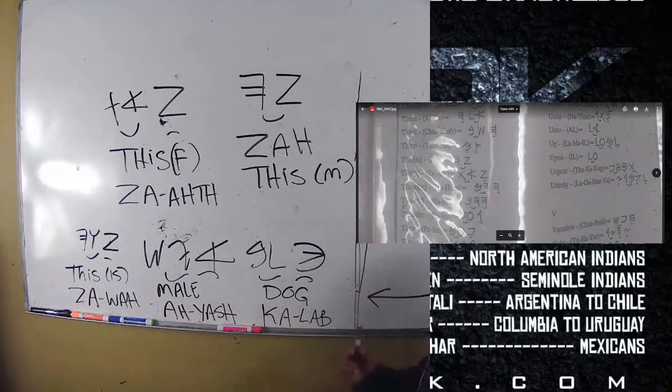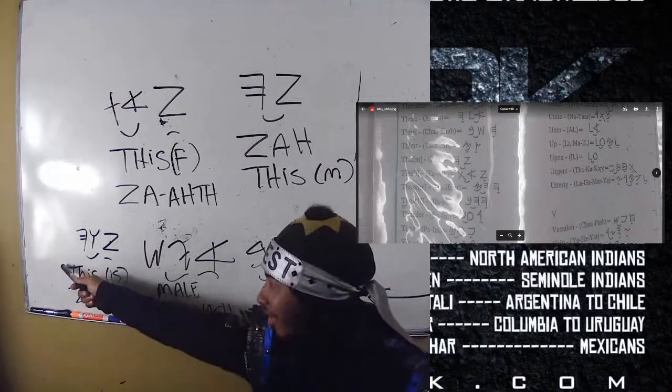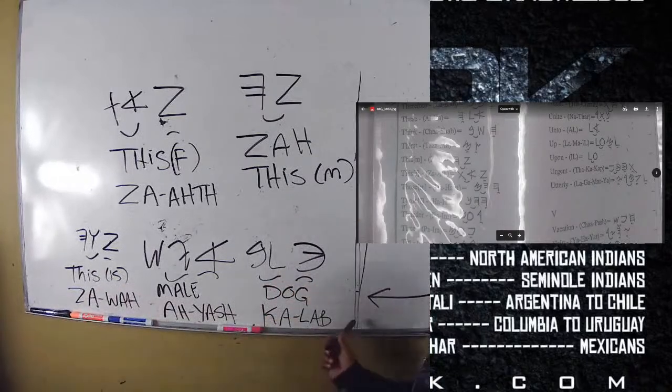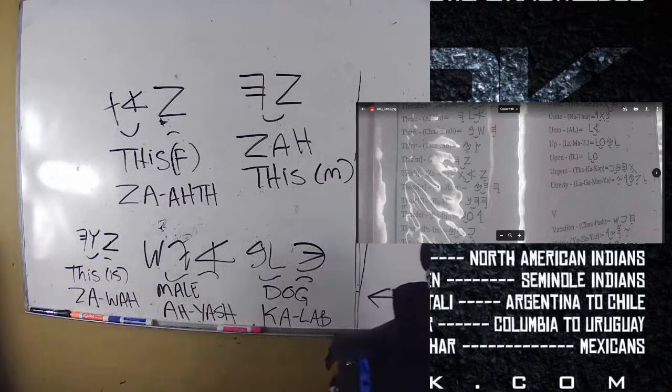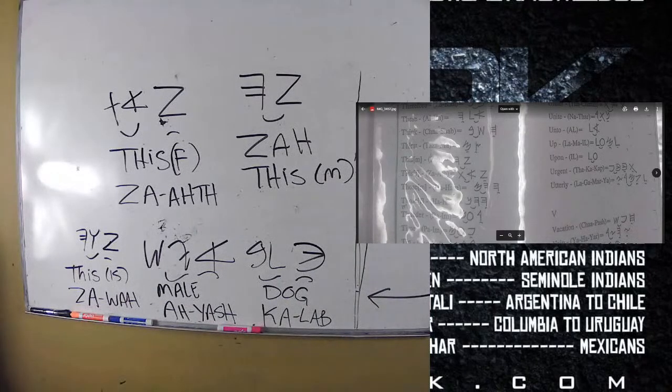It's crazy. Hebrew, you start here. English, you start here. Hebrew, Kalab Ayash Zawab. Easy. Dog male, this is. Completely backwards. Completely upside down.